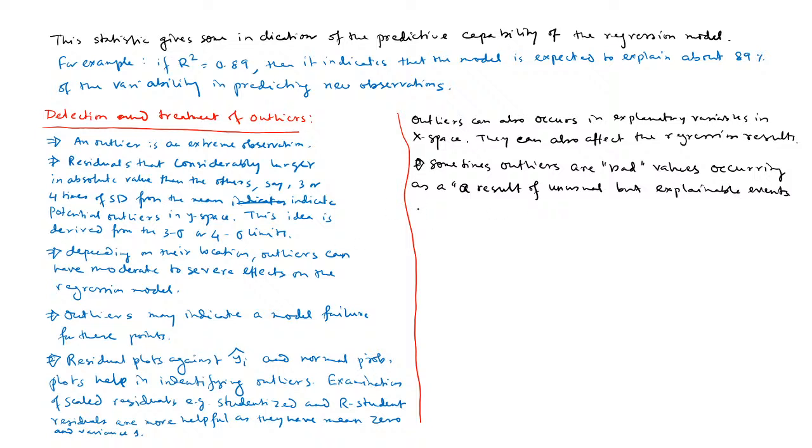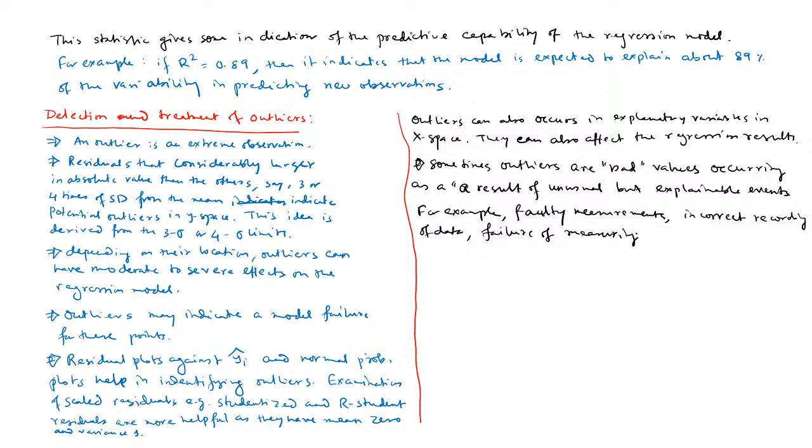For example, faulty measurement, incorrect recording of data, failure of measuring instrument, etc.